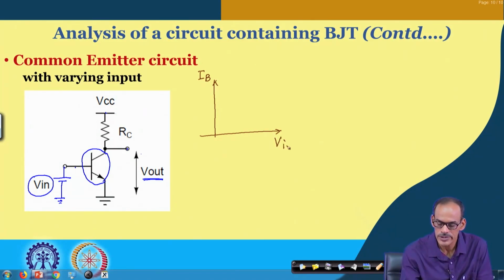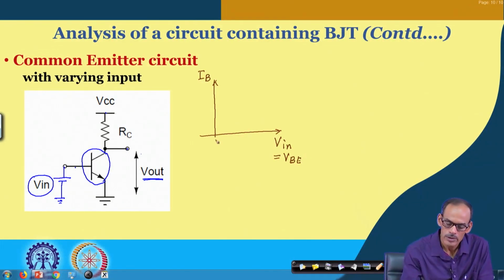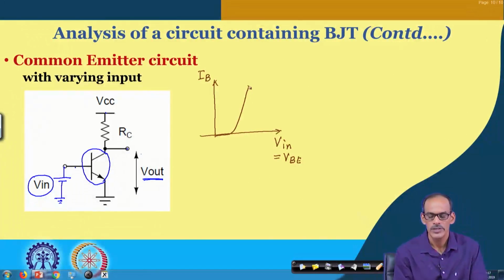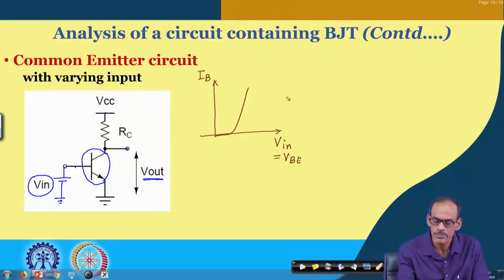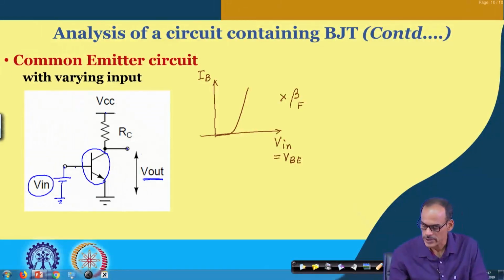So, if this is the V in, which is incidentally the same as VBE of the transistor, we know that this is either exponential in nature, or we may approximate it by a linear line. Then from that we multiply with beta f to get the corresponding collector current.